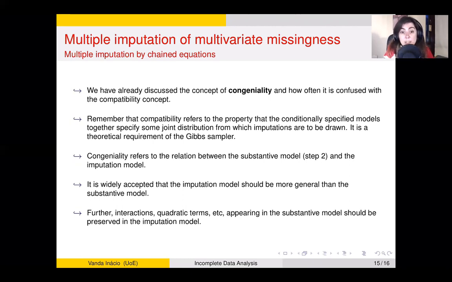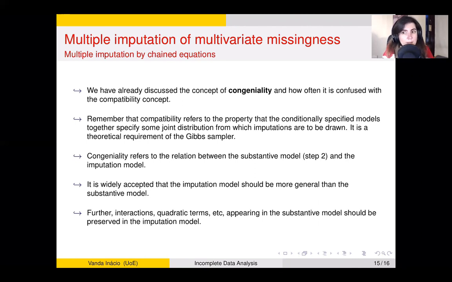And also, if our model of interest contains interactions between variables or quadratic terms, for instance, if I'm interested in the effect of age and also the squared effect of age, then these effects should also be reflected in our imputation models.